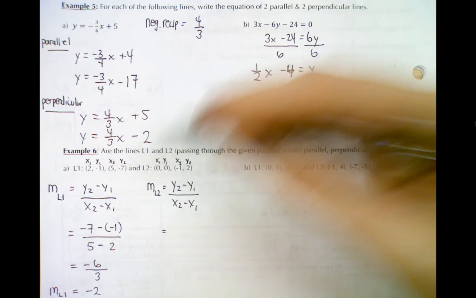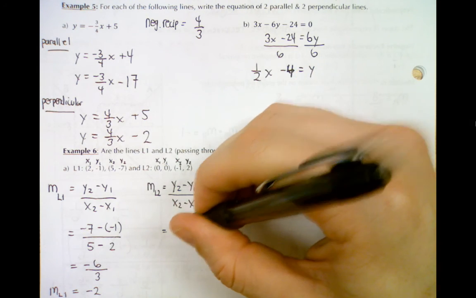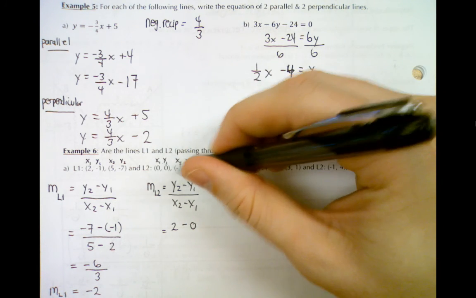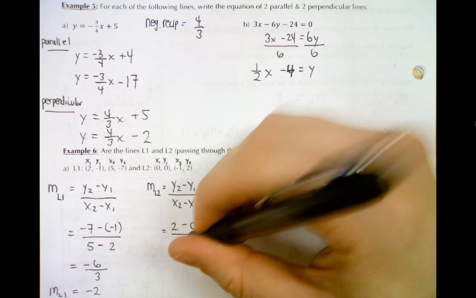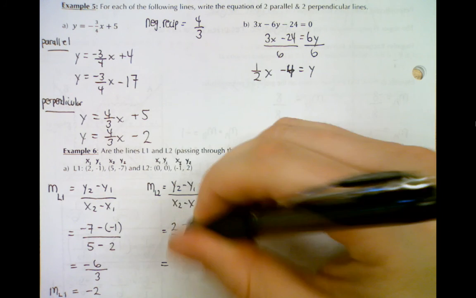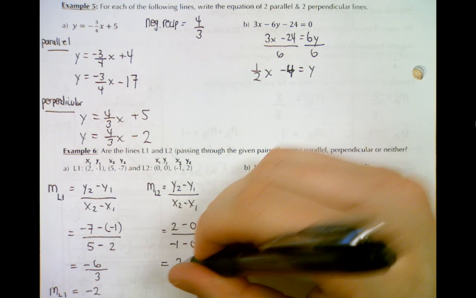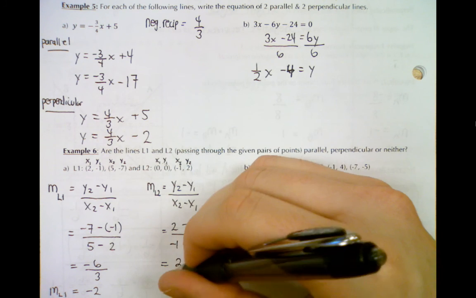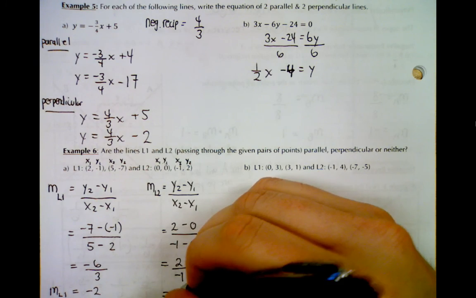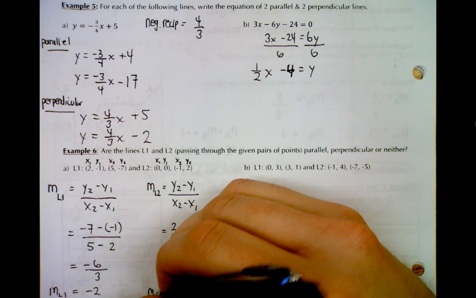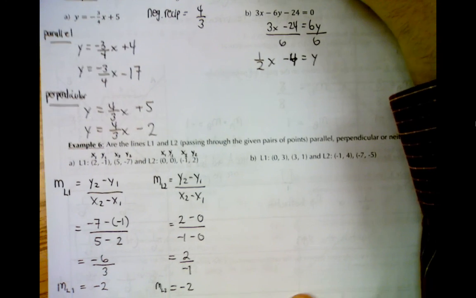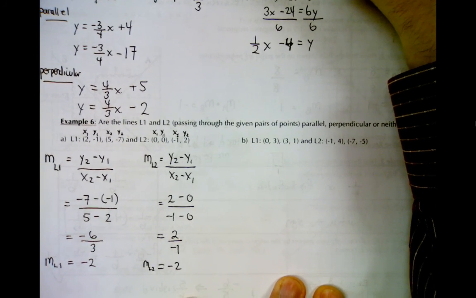Let's plug it in. y2 is 2. y1 is 0. 2 minus 0. x2 is -1. x1 is 0. We've got 2 minus 0, which is 2, and -1 minus 0, which is -1. 2 divided by -1 is -2. The slope of the first line is -2. The slope of the second line is -2.